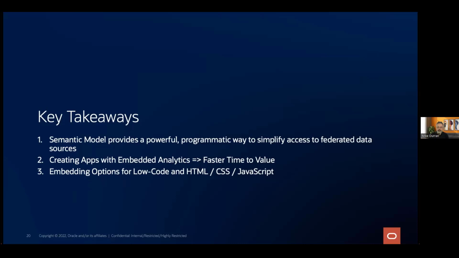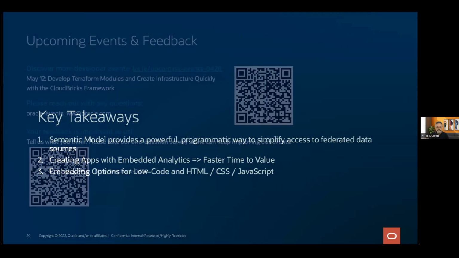There are low-code options, where Visual Builder can really get you up and running very quickly with literally no code at all, using a visual graphic environment to build up action chains to access things like location services, and then apply that to your embedded analytics. And if you are more of a developer, you can use raw HTML and styling in JavaScript to build whatever application you want.